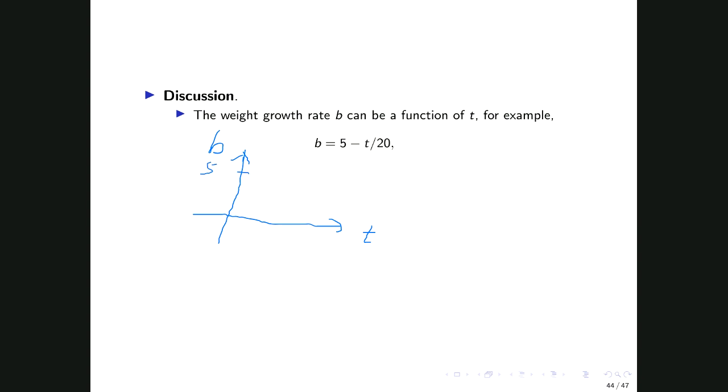When t equals 100, b is 0. So the graph of this linear function is a straight line going through these two points. I think this makes sense. 100 days later, the pig is getting older and older and no longer gains weight, which means 100 days later the growth rate is zero.